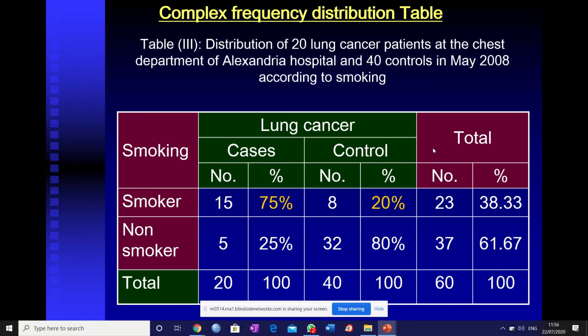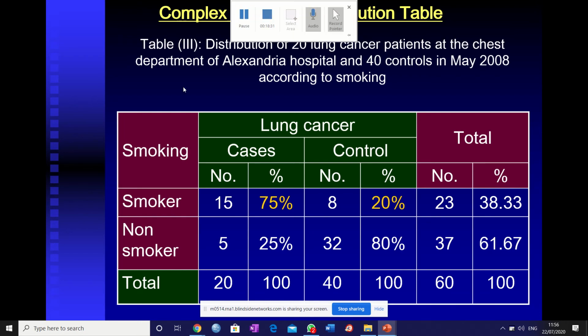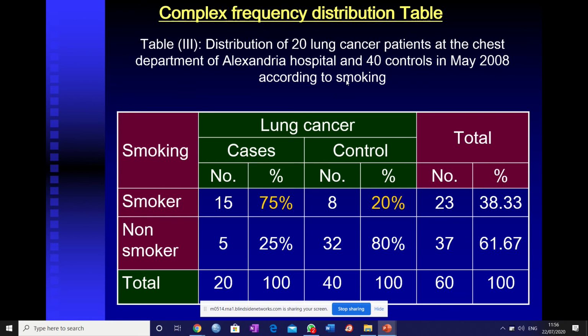This is a frequency distribution table. We have some percentages, but in statistical programs, you will see that it is saved with this name. So if I want you to write the frequency distribution table, you will write the frequencies and the percentages.